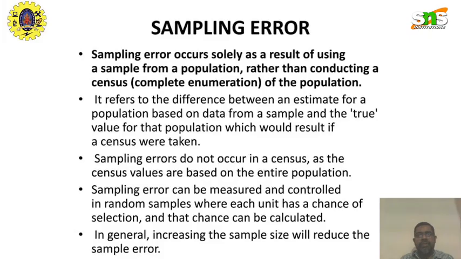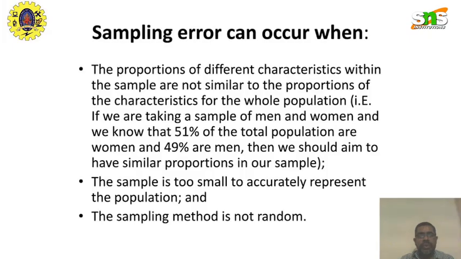So in general, if we want to reduce the sampling error, we have to increase the sample size. This is the main concept. Sampling error can occur when the proportions of the different characteristics within the sample are not similar to the proportions of the characteristics of the whole population.